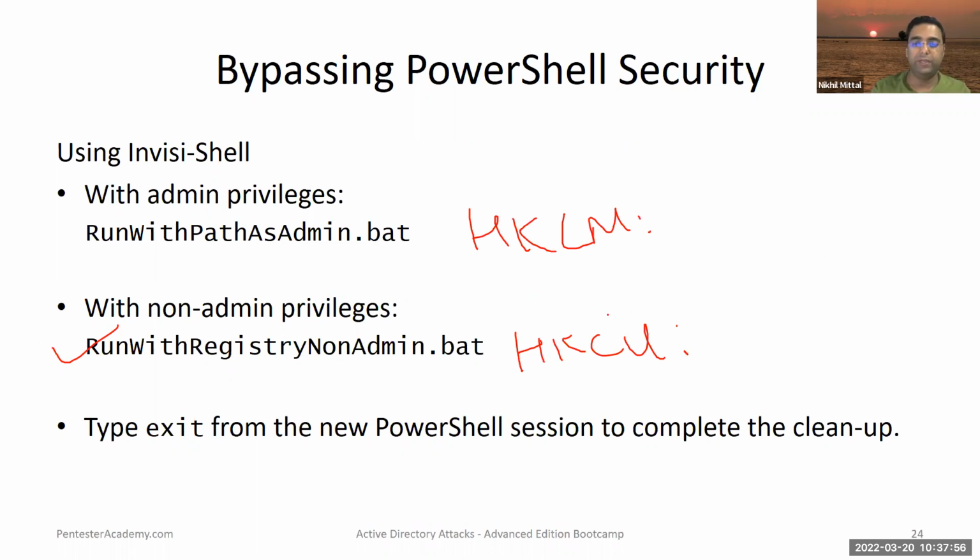Changes made to HKCU are always less susceptible to detection as compared to this. So you will notice in the lab, even when we have local admin privileges, we will use this. When you run this, there are some registry entries that are added. Then PowerShell.exe is run. Once you exit from the new PowerShell session, there is some cleanup that is performed. Basically, the registry keys are removed.